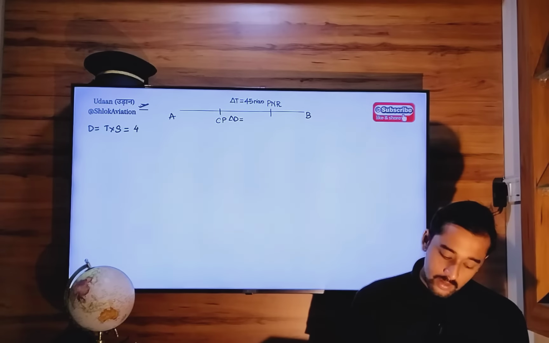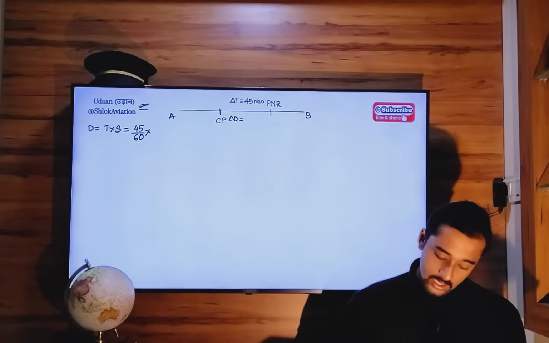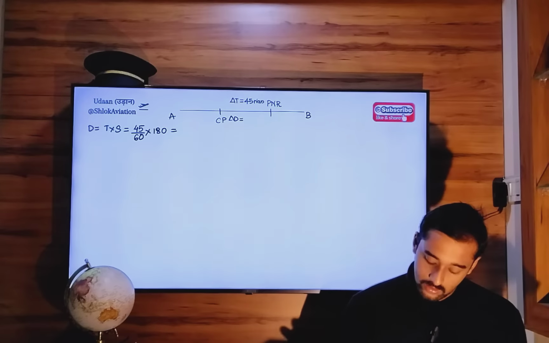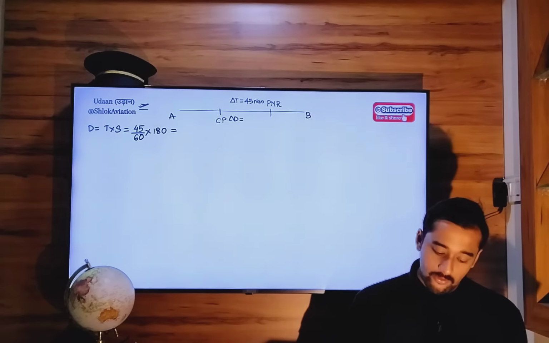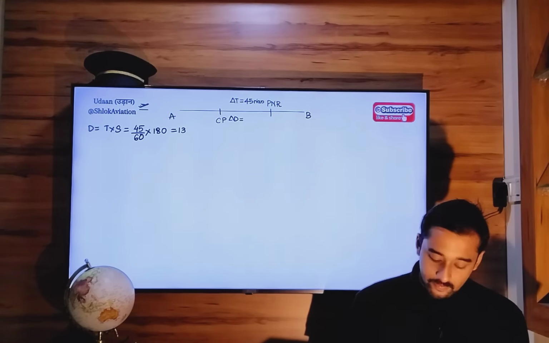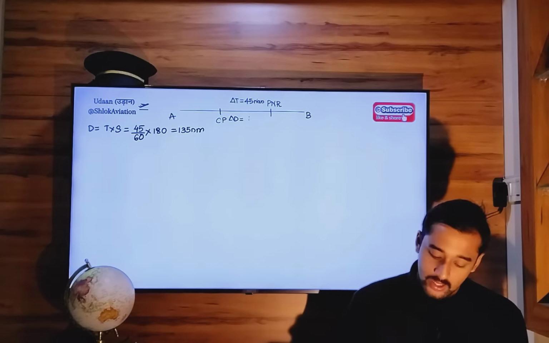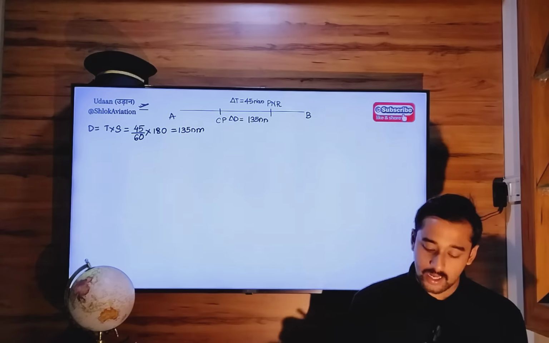Time is 45 minutes, convert that into hours. Outbound ground speed is 180 knots. So 45 into 180 divided by 60 is 135. So the distance between critical point and PNR is 135 nautical miles.